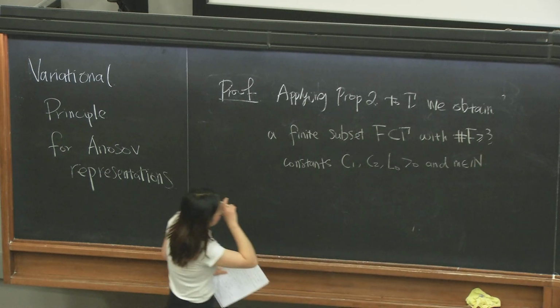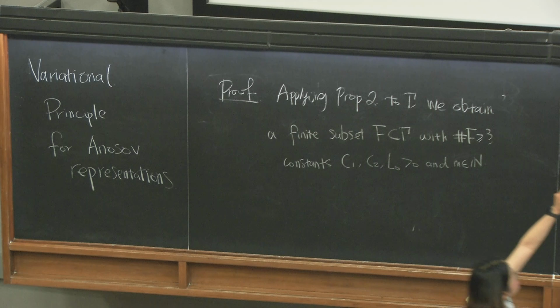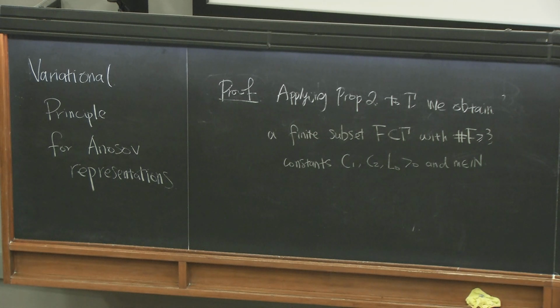Okay, so now the first step is to try to figure out what the annulus should be. And so I know that what I'm given is a divergent series.